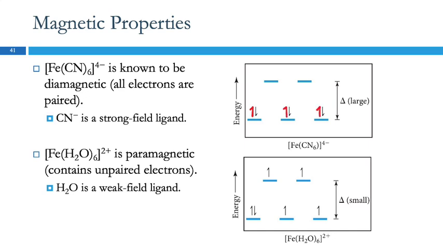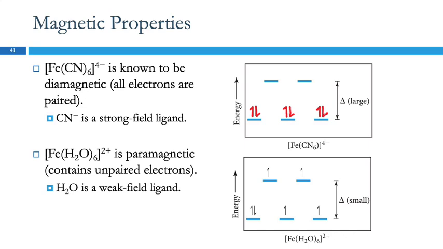The next electron has to choose. Am I going to share with this guy, or, this is a big energy difference, pay a lot of extra money to get my own space? It's not worth a lot of money. So he's going to pair up. And the next one's going to make the same decision, and the third one's going to make the same decision. And the result is that they are all paired.